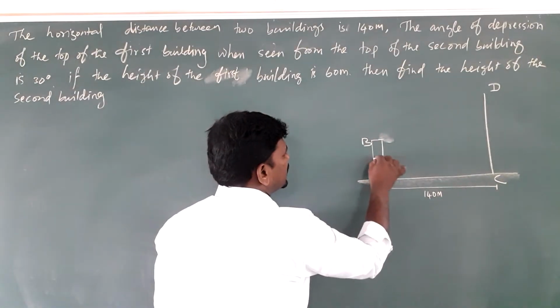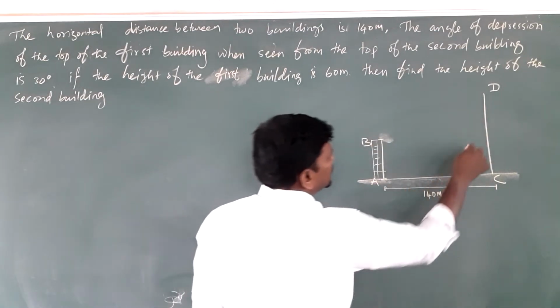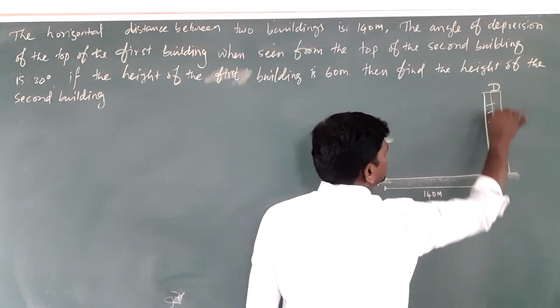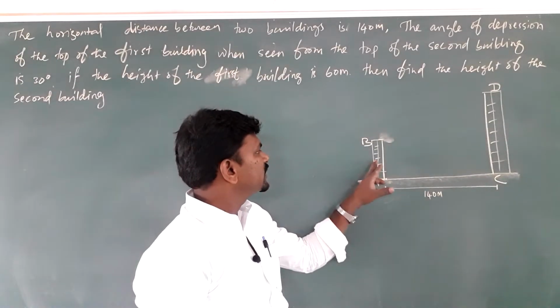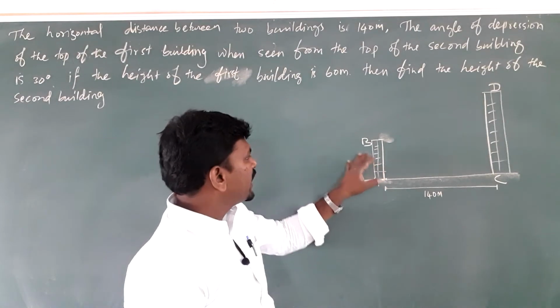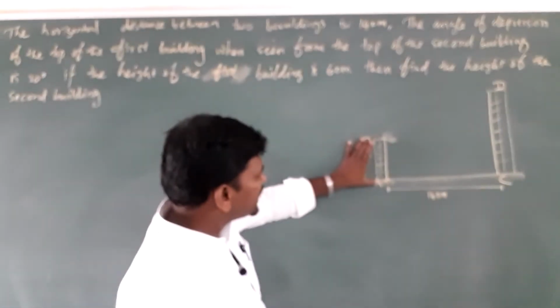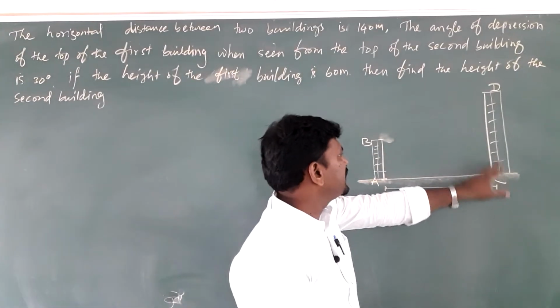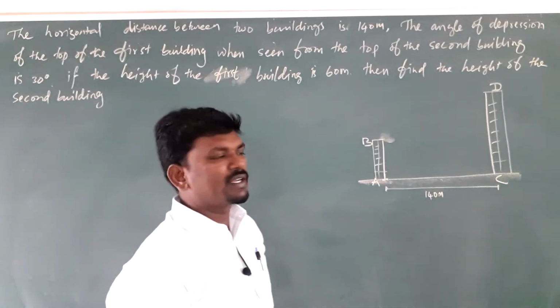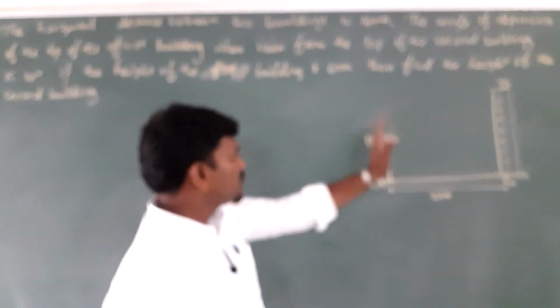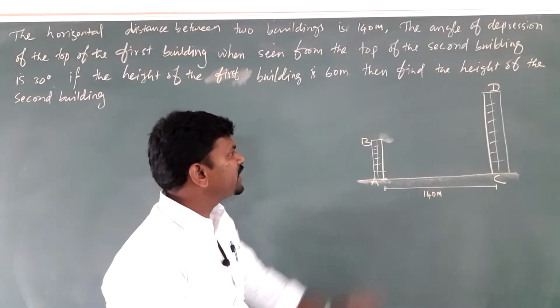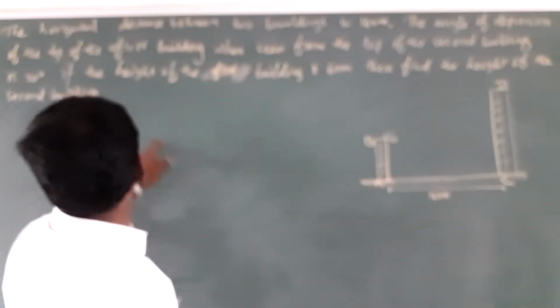If you want to draw a building, you can draw like this. In this question, I have drawn the first building as a small building and the second building as the tallest. The second building is taller than the first one. How did I identify that? Let us see.